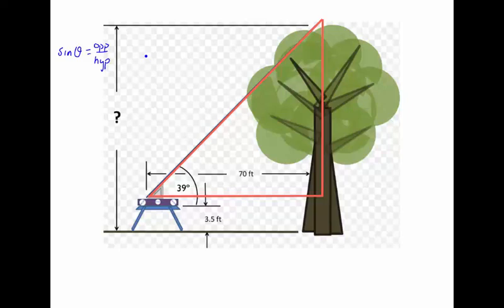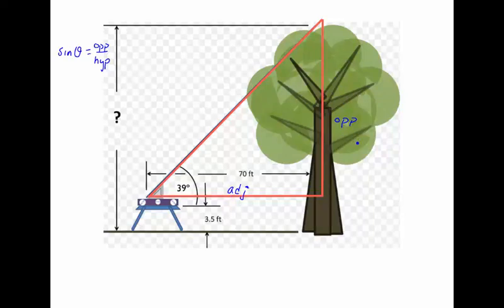So Jonathan, did you make any progress on this one? If we had this angle, 39 degrees, what side would this be relative to the 39 degrees? Adjacent, okay? And what side are we looking for? Opposite, right. So we've got the angle and the adjacent, and we want the opposite.